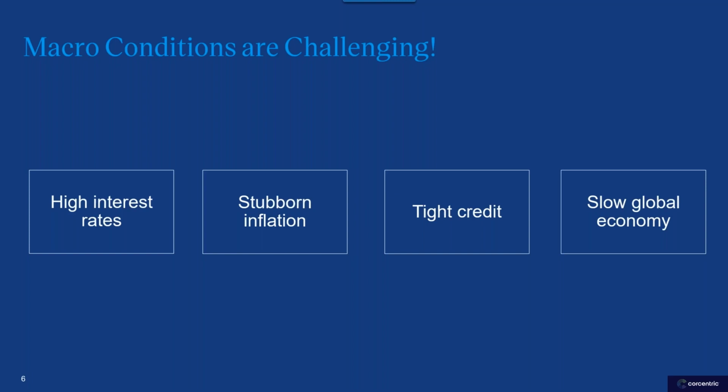And what does a high interest rate mean? That means everybody is going to hang on to their cash even longer, right? So you as an organization and your customers as their organizations try to make the most out of the cash that they have. And on top of it, it's a very tight credit situation.